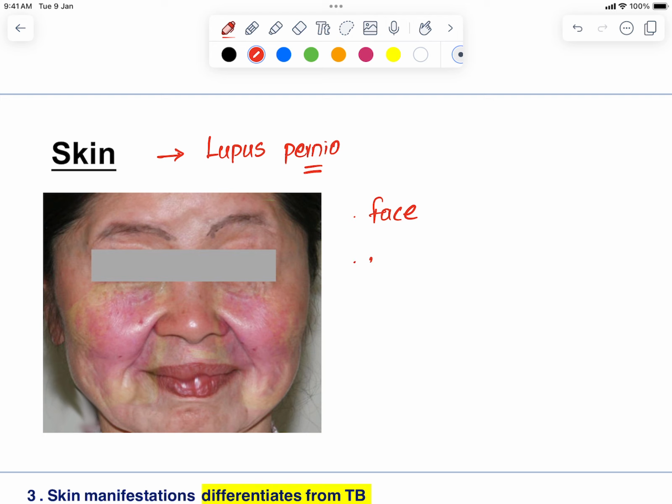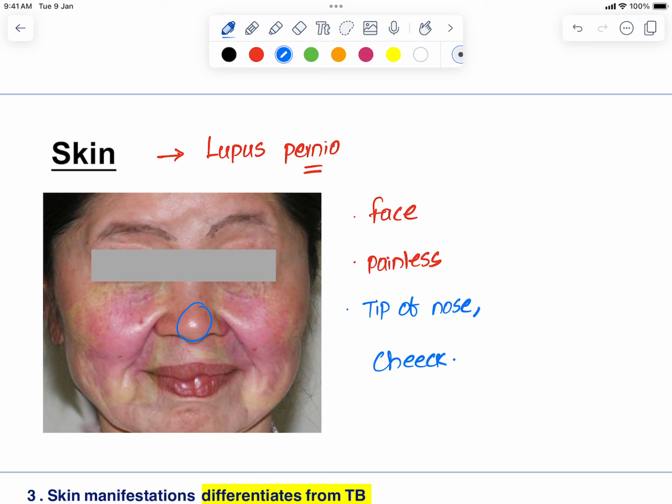This rash is painless. Where do you see this rash? It is observed over the tip of the nose, and also over the cheek, like a butterfly rash.